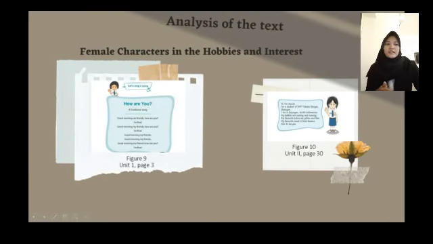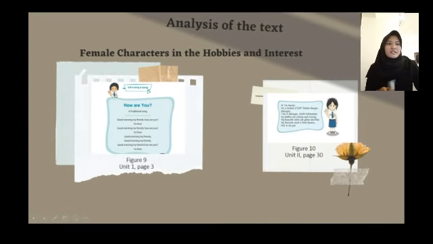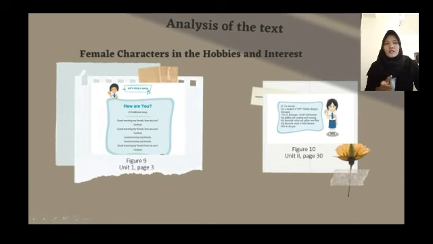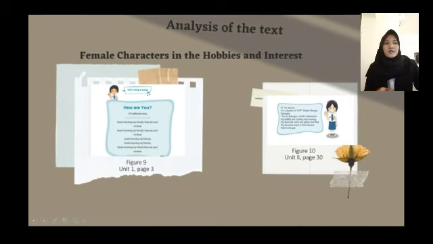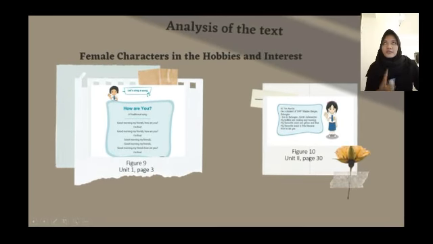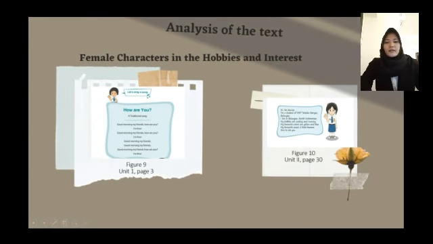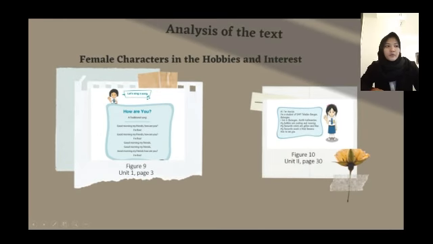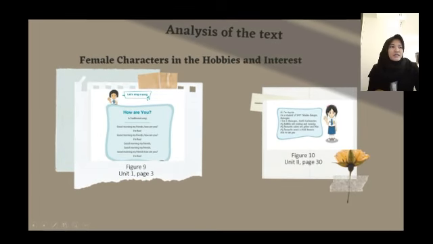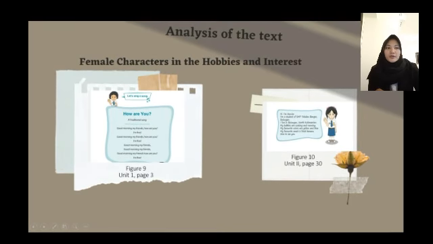In Figure 9, Unit 1, page 3, there is a female interest in song lyrics. That song is one of the hobbies of this female. And then Figure 10, Unit 2, page 30, is about the female hobby of cooking.